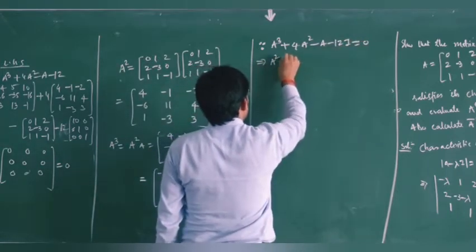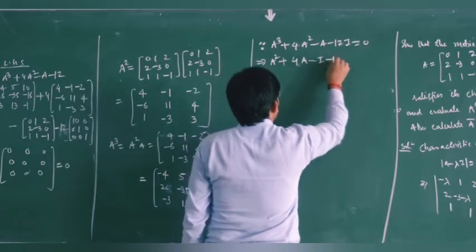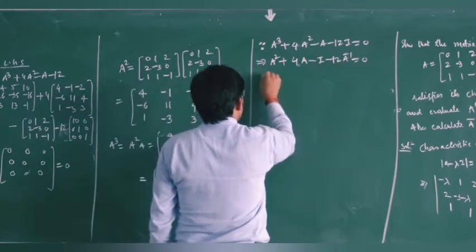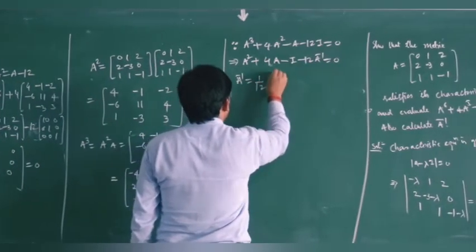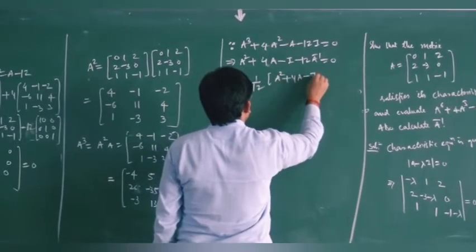So we have A square plus 4A minus I minus 12A inverse equal to 0. So your A inverse will be equal to 1 by 12 of A square plus 4A minus I.